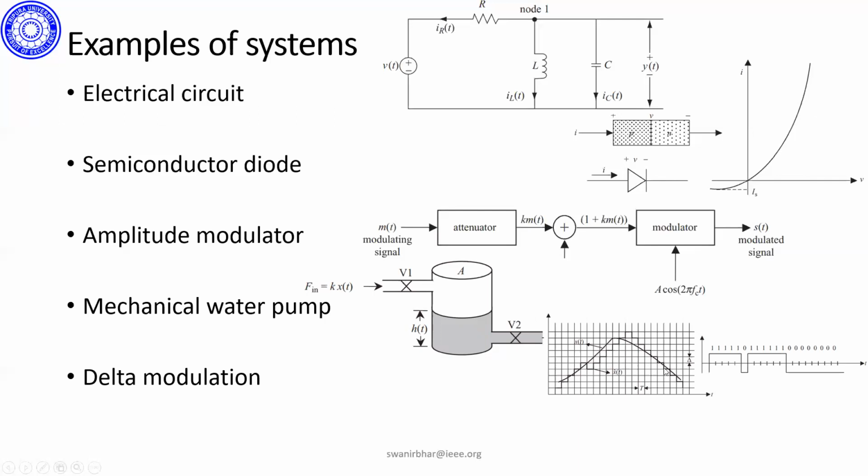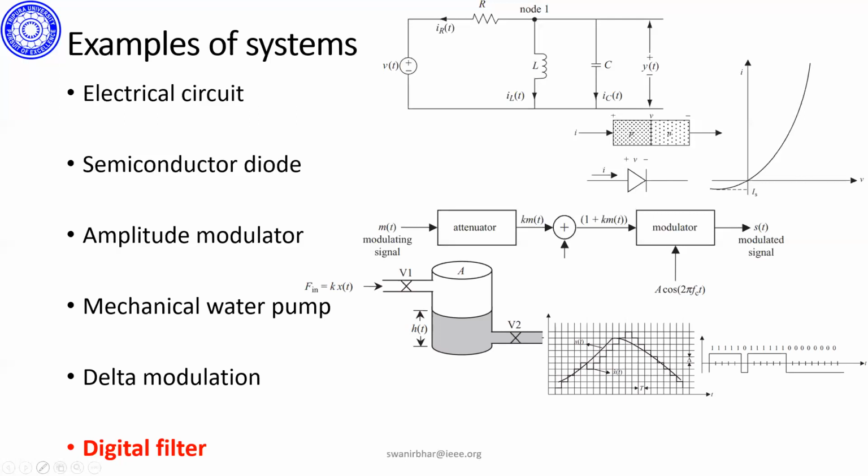Delta modulation is a digital kind of modulation where you have an input signal and digitally give zeros and ones in a particular way. It again follows another set of equations, and delta modulation is done by another digital system. So this is an analog system, this is a digital system, this is a mechanical system, this is an electronic system, that is an electrical system. The most common thing in your digital signal processing is the digital filter.